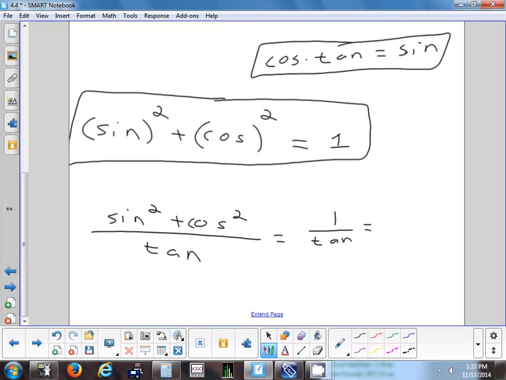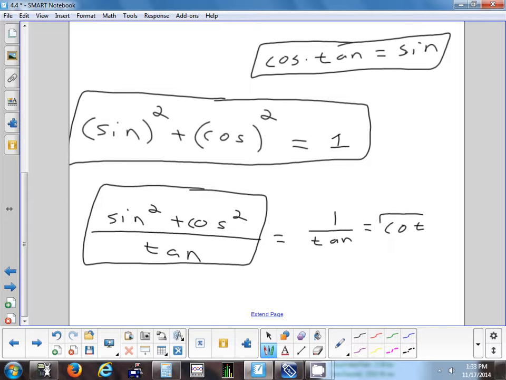But that's just flipping tangent. Does anyone remember which trig function you get when you take tangent and flip it? Cotangent. You get cotangent. Very good. So all of that is equal to just that. And that's the idea of simplifying a trig identity.